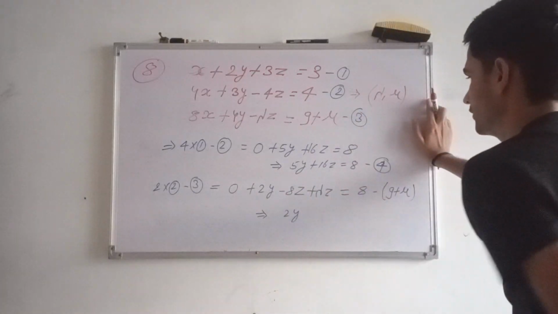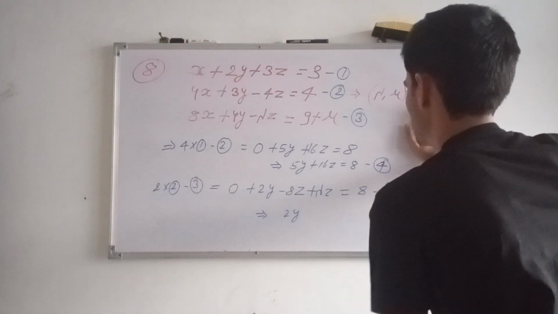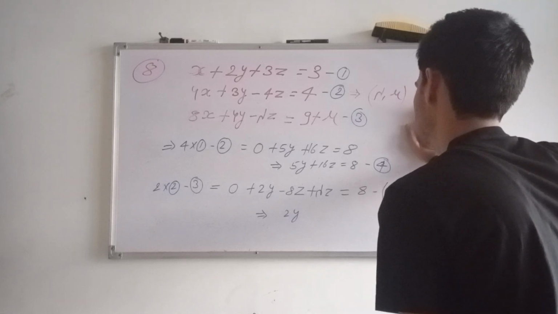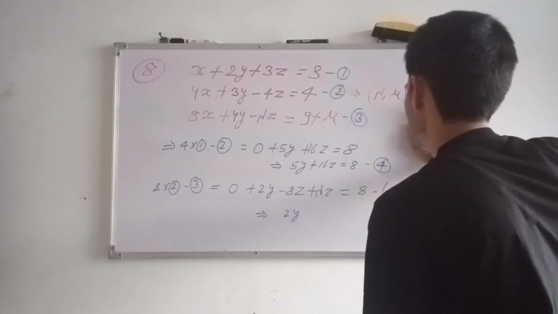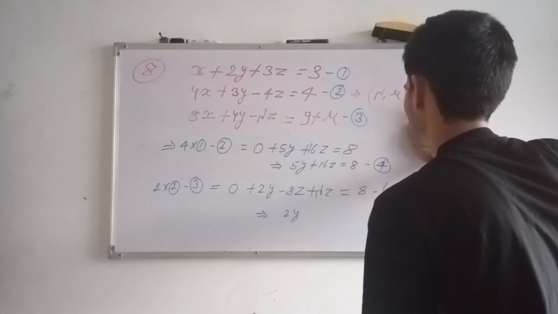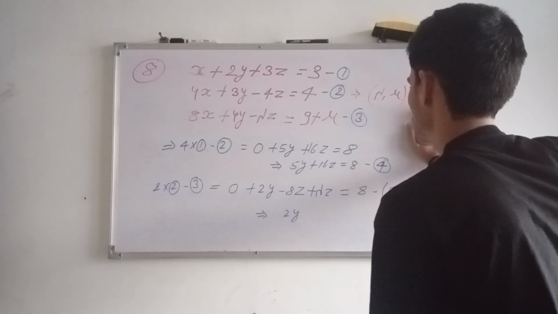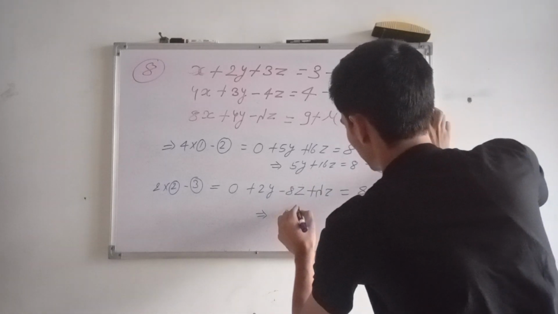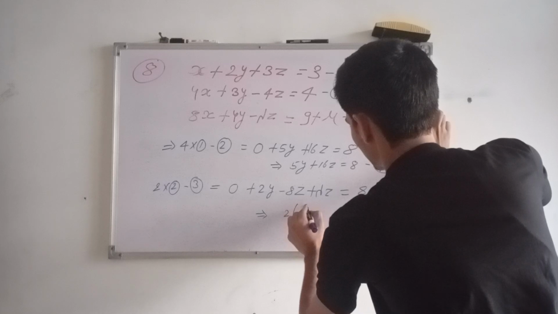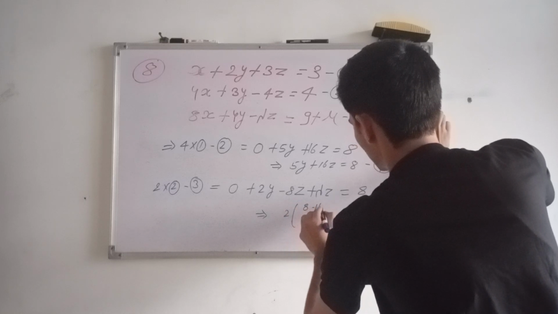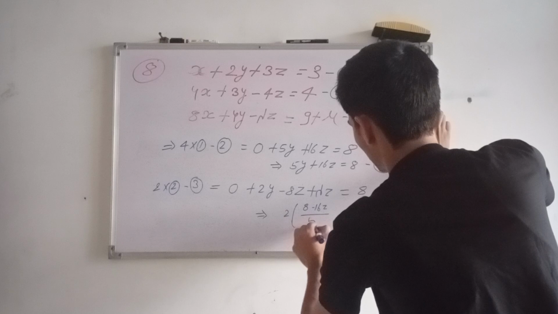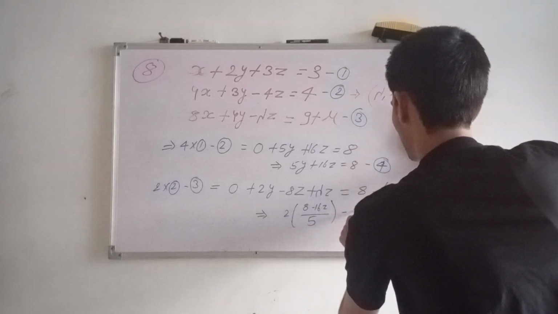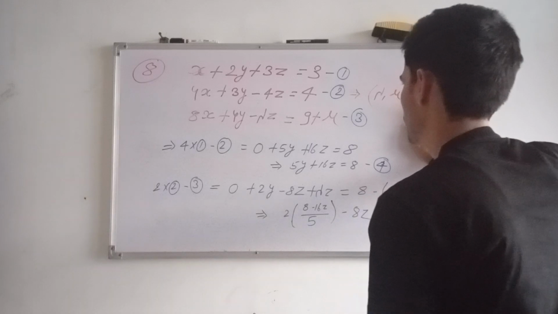Here from this equation, we will write y in terms of z. What we will get is 8 minus 16z upon 5, right?